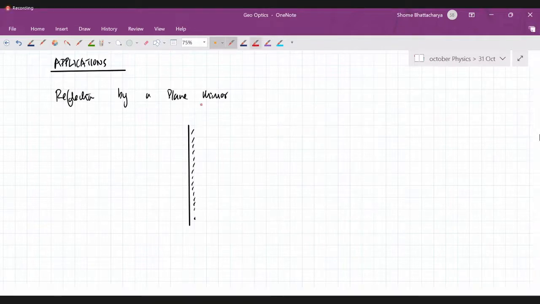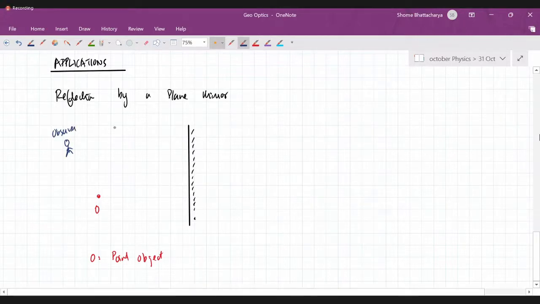So if there is any point object, and there is some observer present anywhere, then to the observer it will look like there is a what we call a virtual image of the point object behind the mirror at the same distance. Now let's observe why that happens.